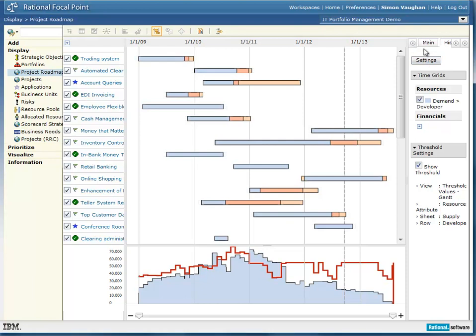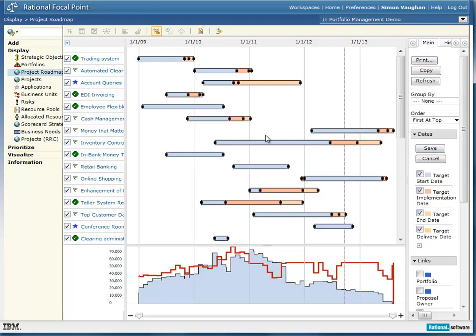What we can then do is look at how we can sequence and move these initiatives around to deliver within those constraints. So as I move these initiatives to the right, to the left, you can see that the capacity and the supply constraints are dynamically changing. So this gives us a great way at a high level of planning within the constraints.